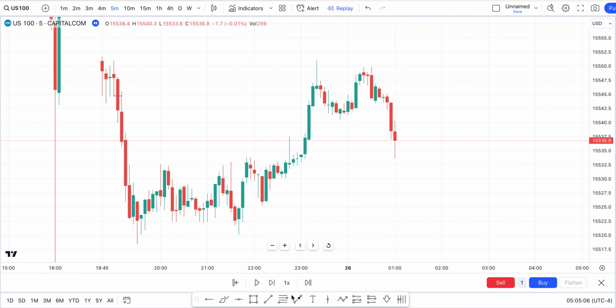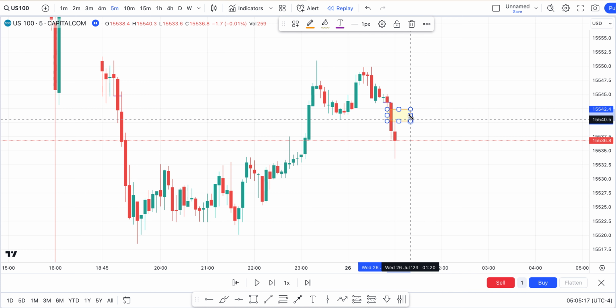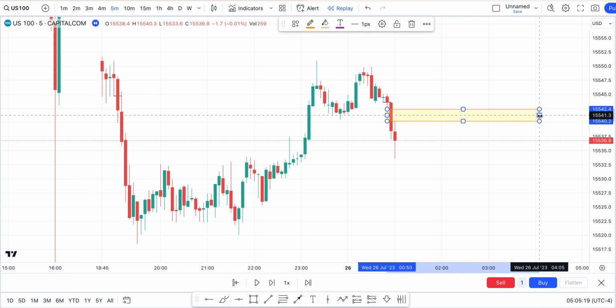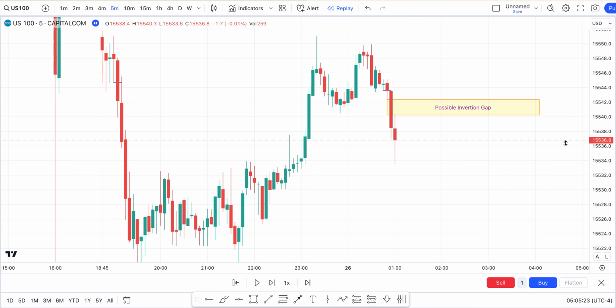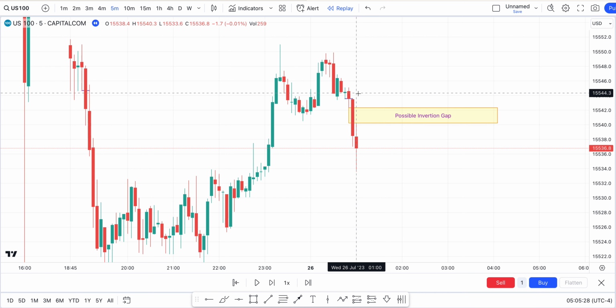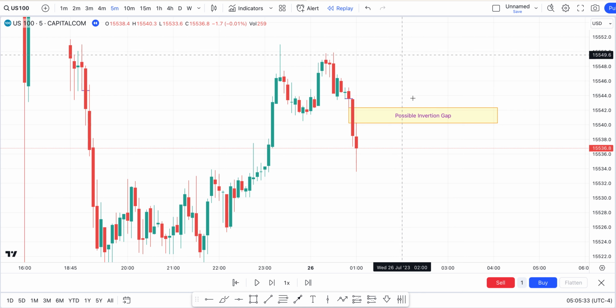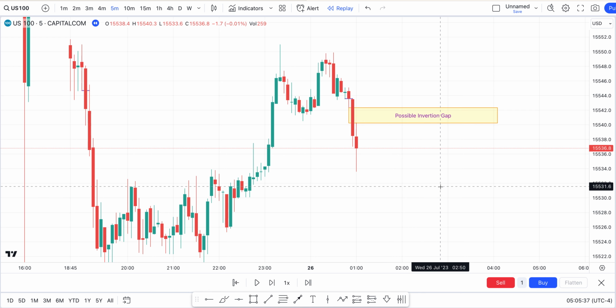Here's another perfection. So once it breaks this high, I have this candle. This area would now be sensitive or of importance.